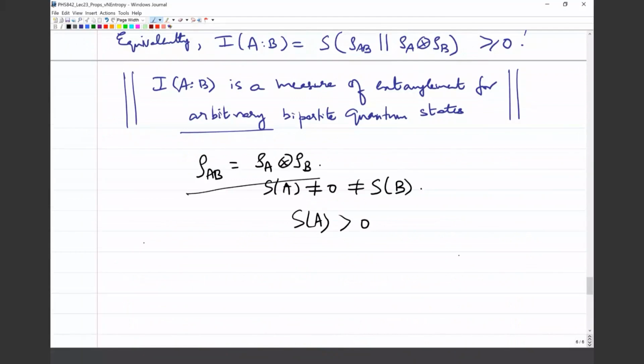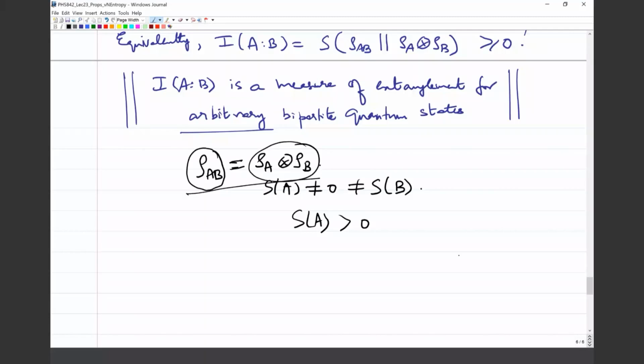So for mixed states, you need to go beyond just the subsystem von Neumann entropy. And that is why you need something which will tell you the difference between the actual bipartite state and the product of its marginals. And that's why it's nice to have this relative entropy, which is actually telling you the distance between these two things. If they are the same, well and good. It's unentangled. It's a product state. I can prepare the state locally.